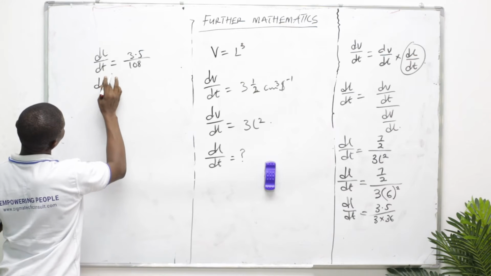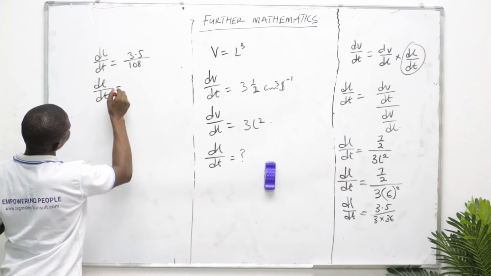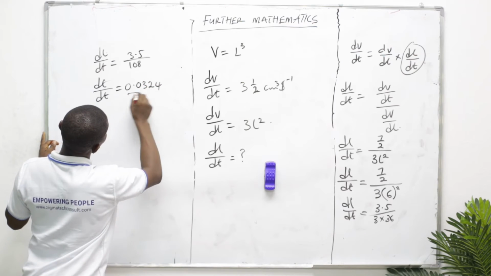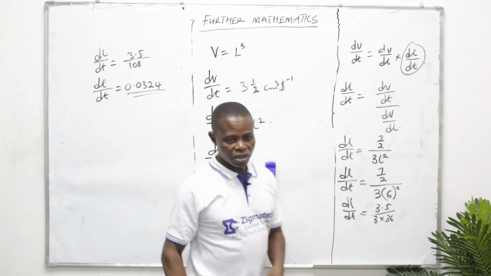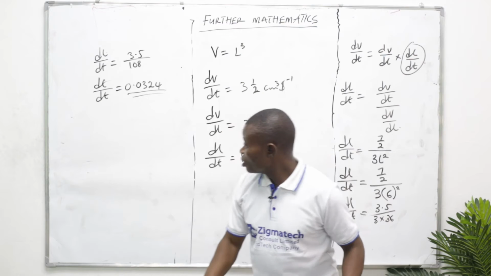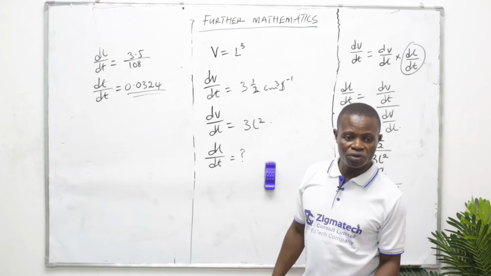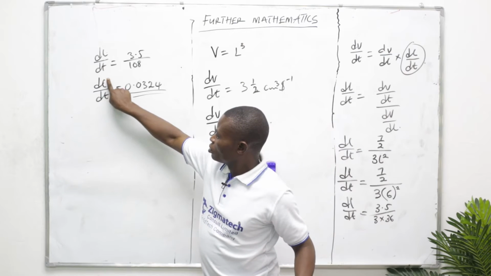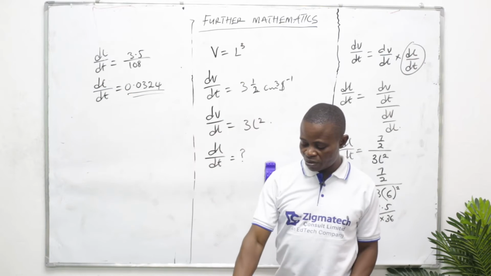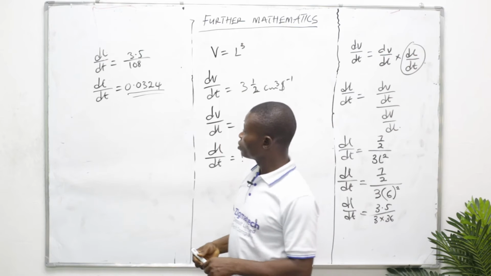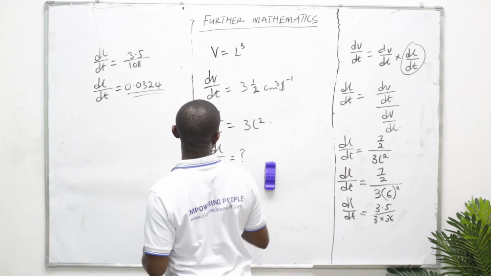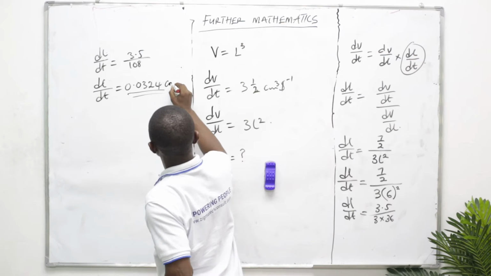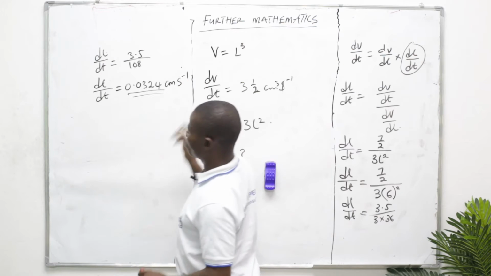The dl dt equals 0.0324. So the dl dt is what? 0.0324 cm per seconds. Length is centimeter, then per seconds. That is the unit.